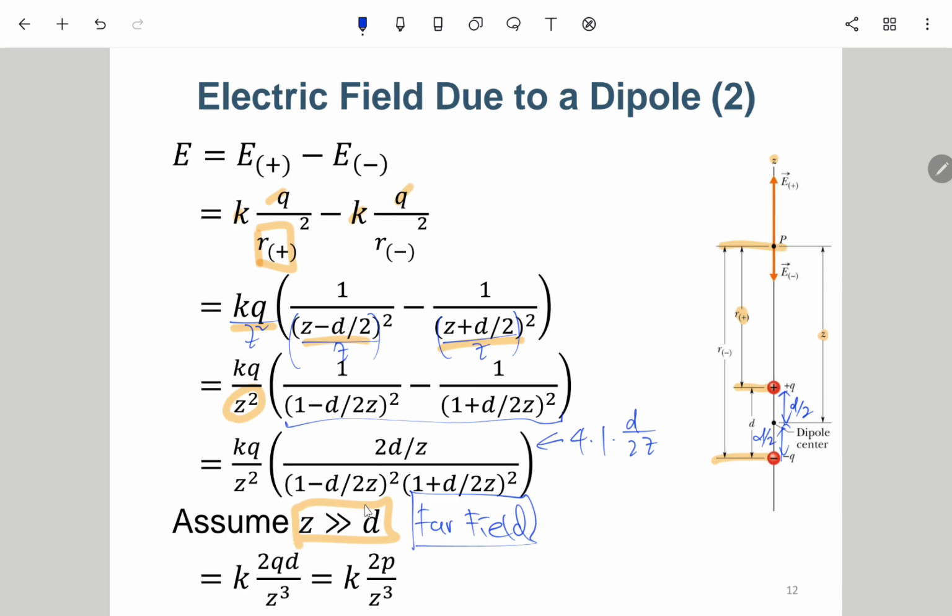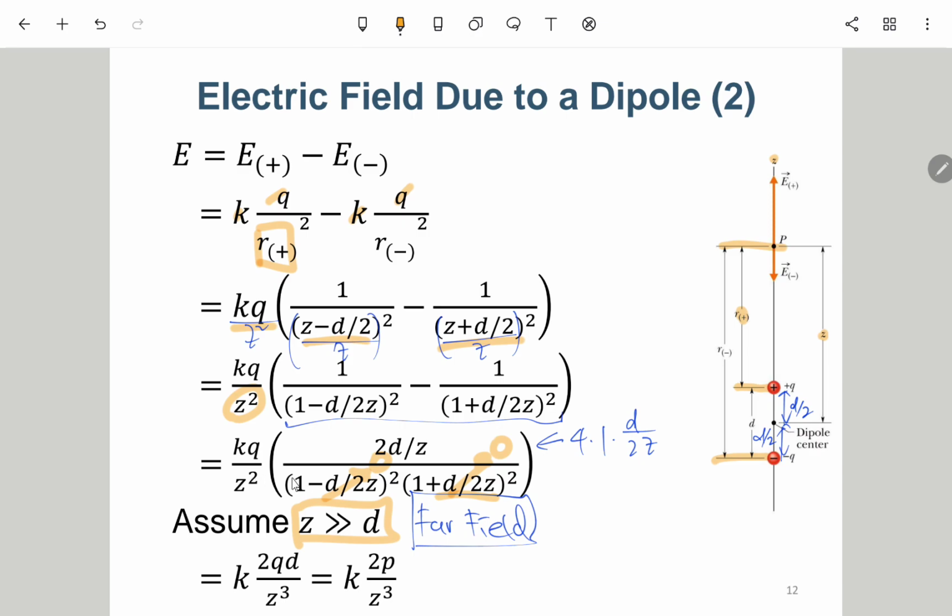If we assume that z is much larger than d, then this term is close to 0, and this one is also close to 0. So the denominator will be nothing but 1, which makes things much easier.